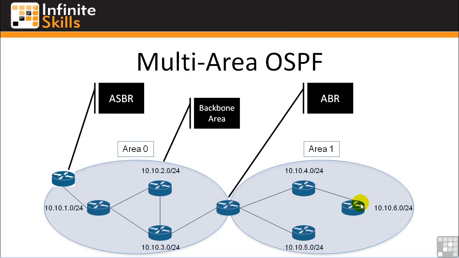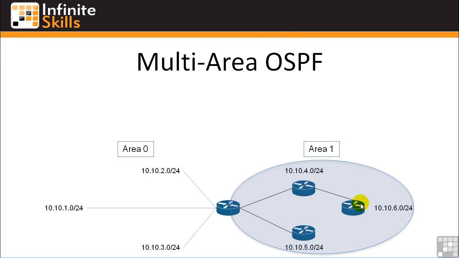So now that we've gone through all that, what does our network look like from area 1's perspective after you've segmented it off from area 0? It looks kind of like this. Area 1 knows about all of the routes in area 0, but it just knows to get the information to this area border router, and this area border router can get it where it needs to go.